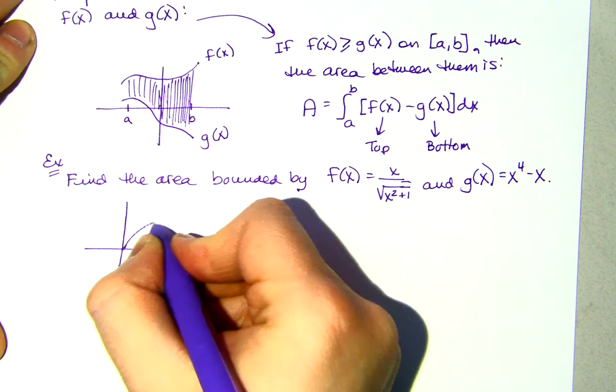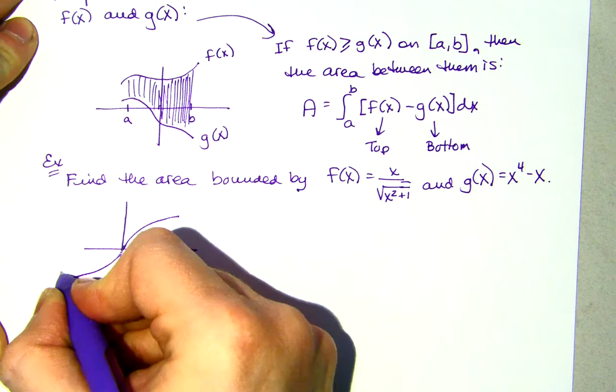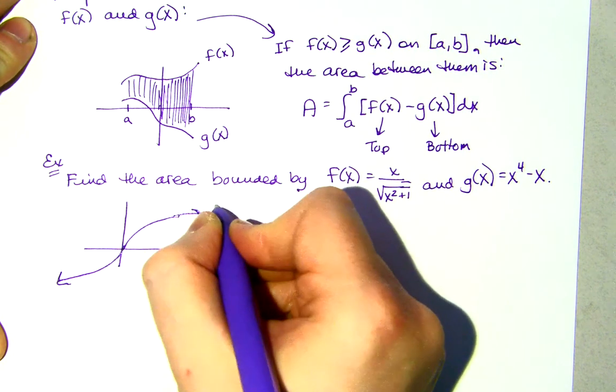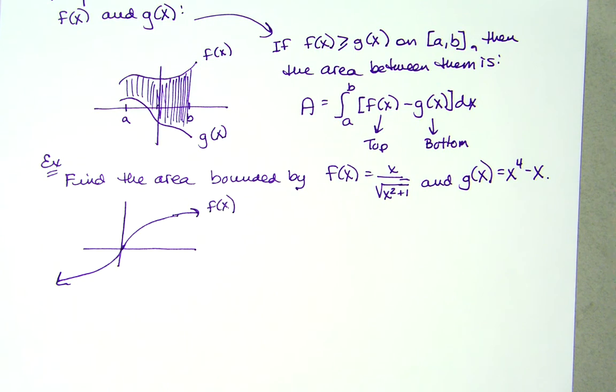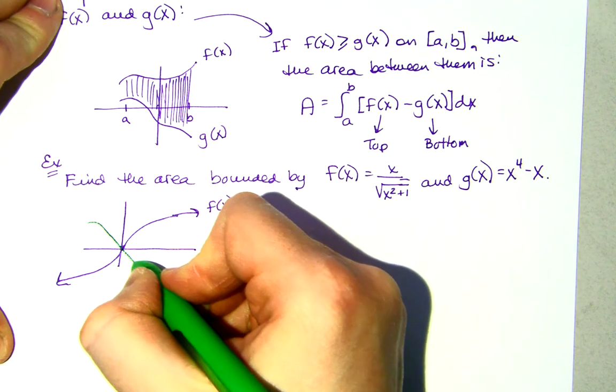Let's see, f of x, I'm getting something kind of like this for the f of x. And you also then have one kind of like this.